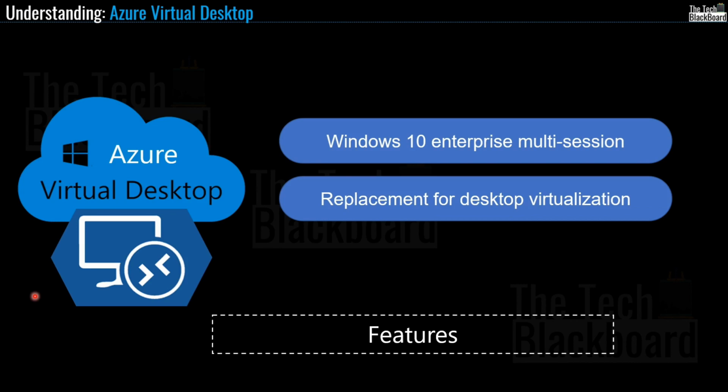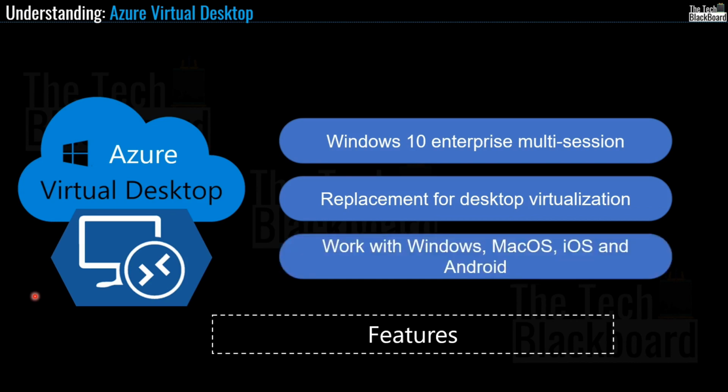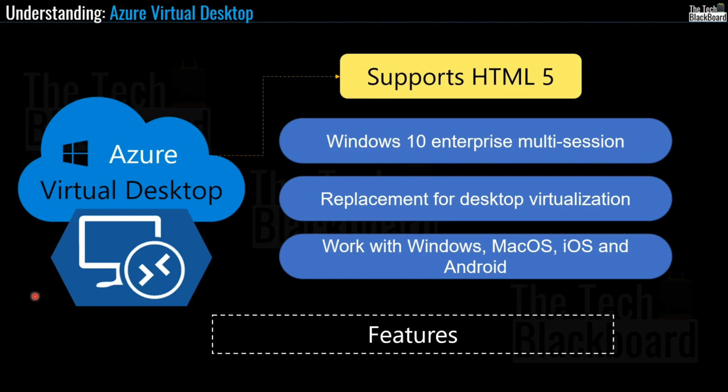In other words, it is a replacement for VDIs. And the beauty of Azure Virtual Desktop is that it works with Windows seamlessly, well of course, but it also works with macOS, iOS and Android. And very importantly, HTML5 is supported, enabling you to access the remote desktop from all modern browsers.